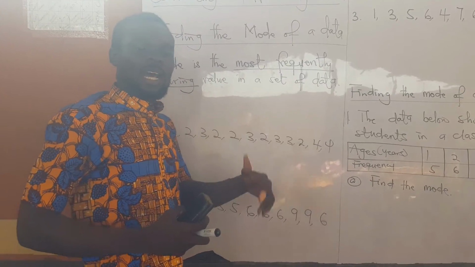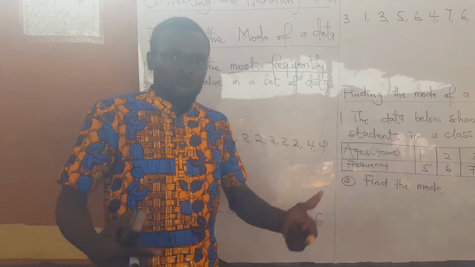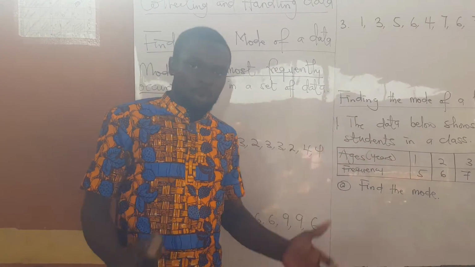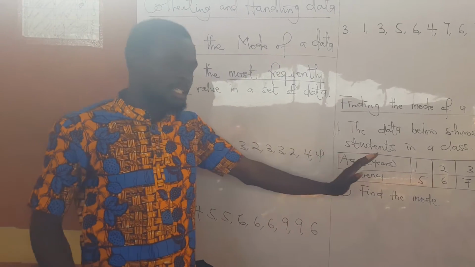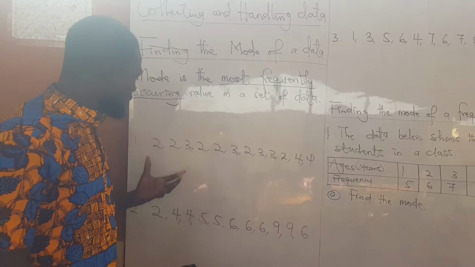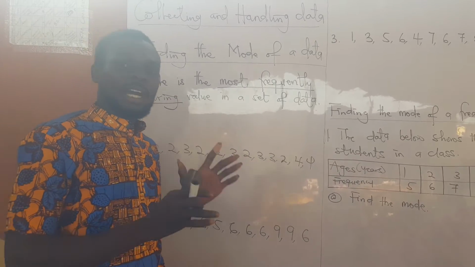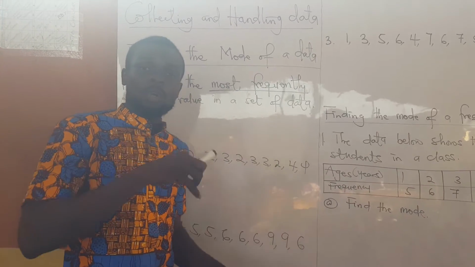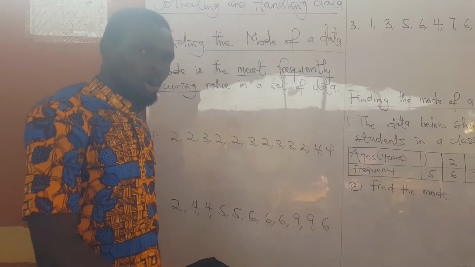So the one that occurs most is our mode. When you look at number one, for example, this is raw data for which you have to find the mode. You look for the value or the number that occurs most.